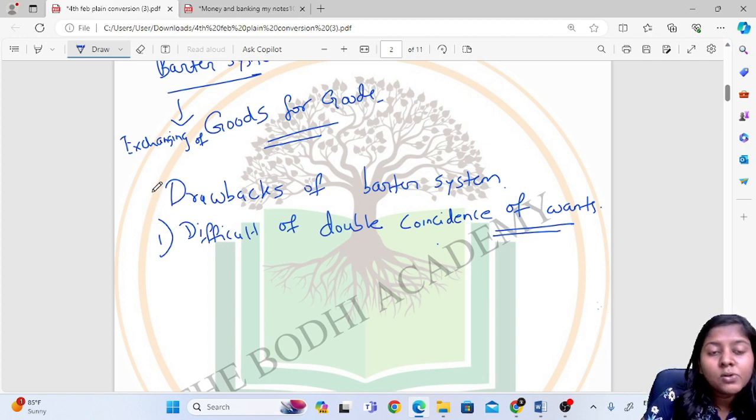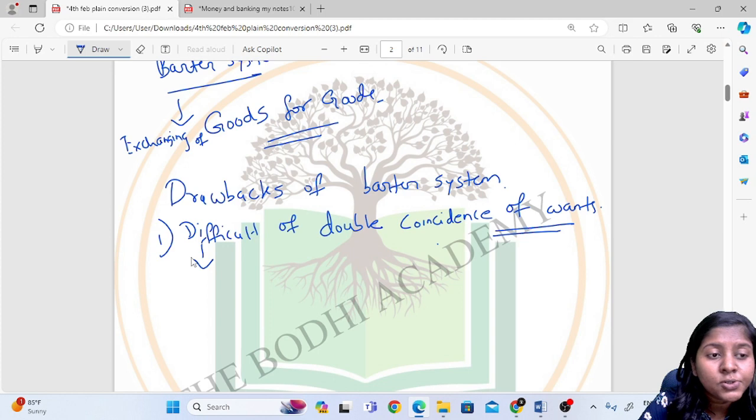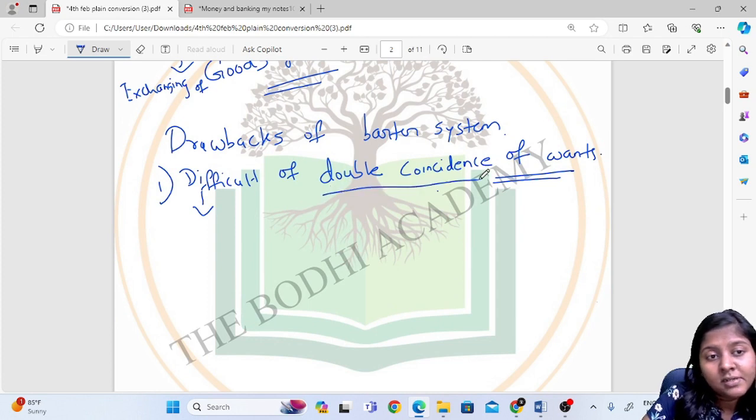This means that the goods in possession of two different individuals are needed by each other. So this is a double coincidence of wants. In a barter system, if a particular person has a surplus amount of a commodity, then he will expect the other person to also have that much surplus of what he needs. So that double coincidence did not happen easily in the case of the barter system.